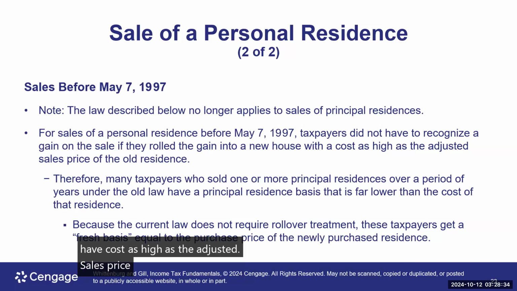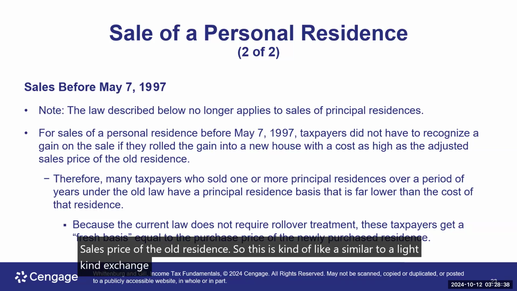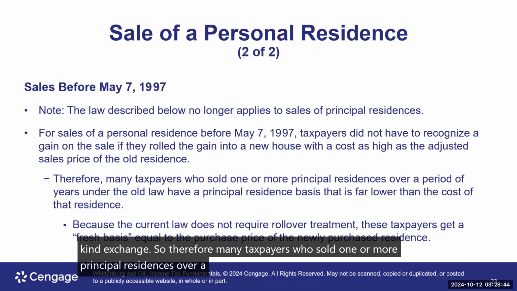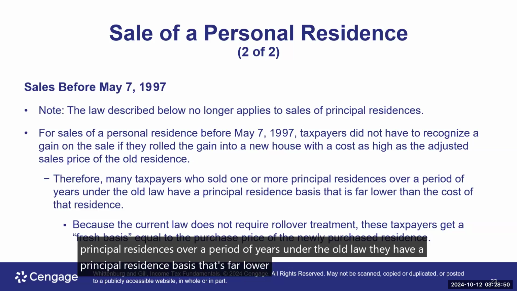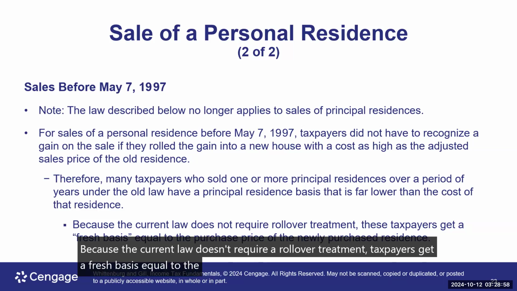This is similar to a like-kind exchange. Therefore, many taxpayers who sold one or more principal residences over a period of years under the old law have a principal residence basis that's far lower than the cost of the residence. Because the current law doesn't require rollover treatment, taxpayers get a fresh basis equal to the purchase price of the newly purchased residence.